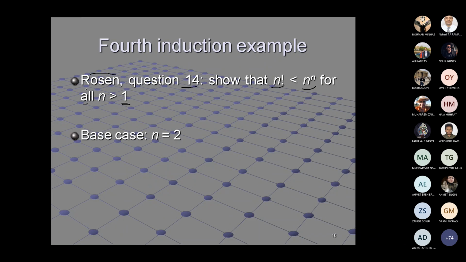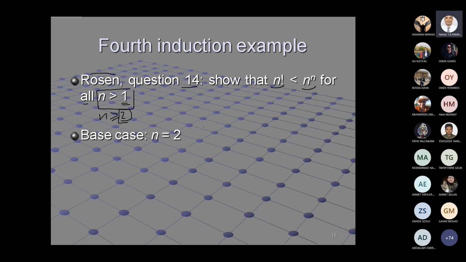Okay. Look here. You have to focus. We said for all n more than 1. What does this mean? This means n more than or equal 2. So the base case here is not 1. Base case is 2, not 1.